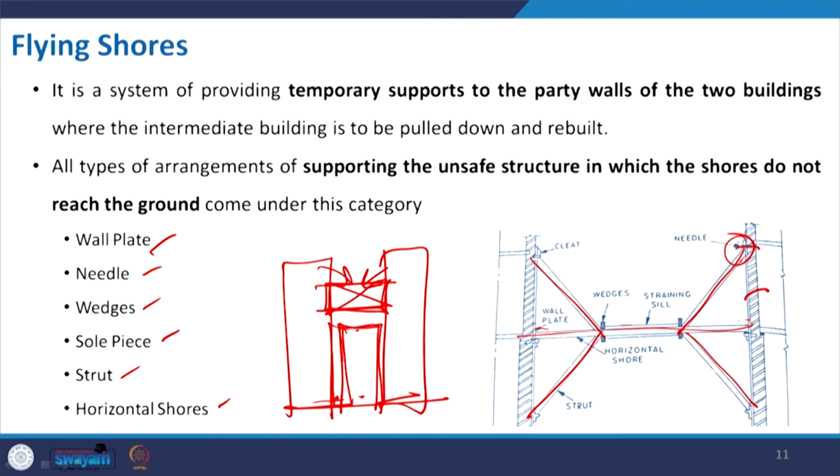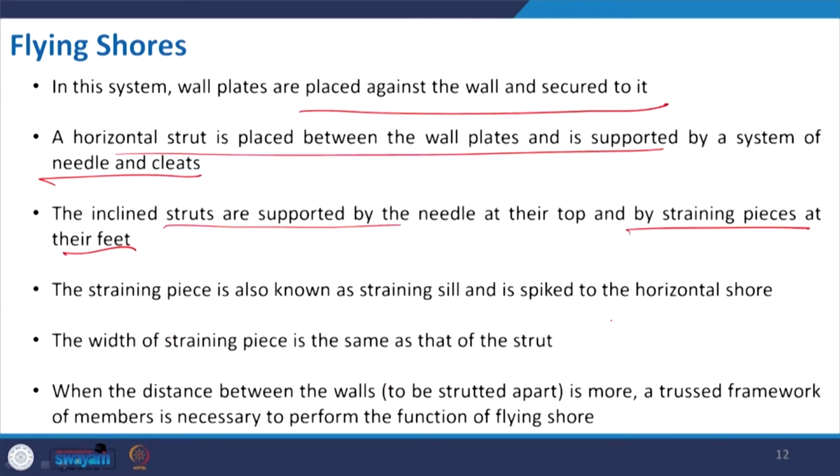At the top they are fixed with the needle, and here with the straining sill. So, they are giving support in that manner. Now, the width of the straining piece is the same as the strut. It is a specification and it may vary based on the material used.